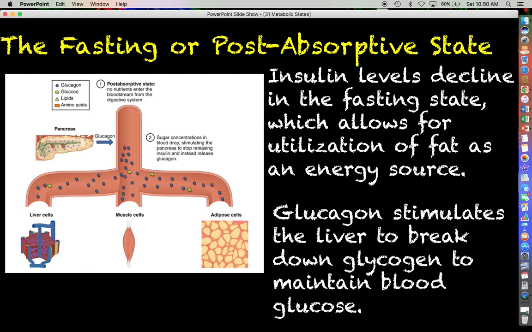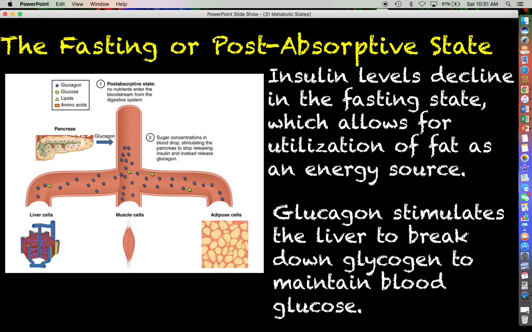Just a quick little tip: glucose, glycogen, and glucagon are three words that all sound similar, but they are completely different things. Glucagon is another hormone that is secreted by the pancreas, and the pancreas secretes glucagon when blood sugar levels start to fall, such as when it's been a while since you've eaten in the fasted state.